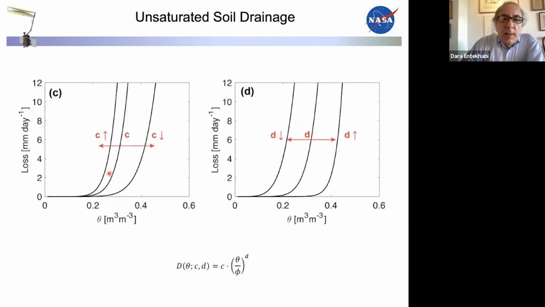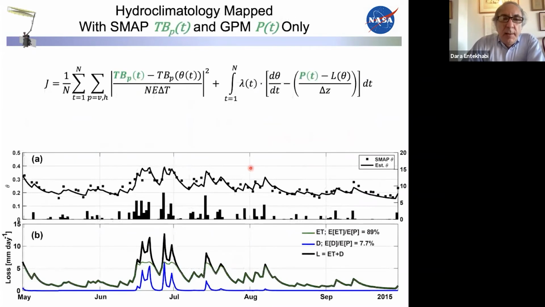And same thing with the drainage loss to the field capacity, just like unsaturated free drainage, we pose a model that's hyperbolic like this. Depending on C and D, it can be anywhere in this domain. And then we say, okay, we are observing the state variable. So that's the black dots, the soil moisture time series.